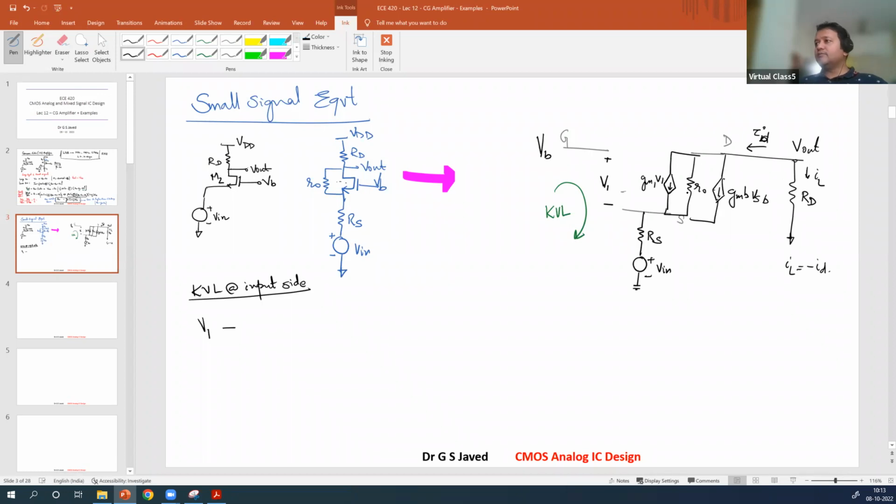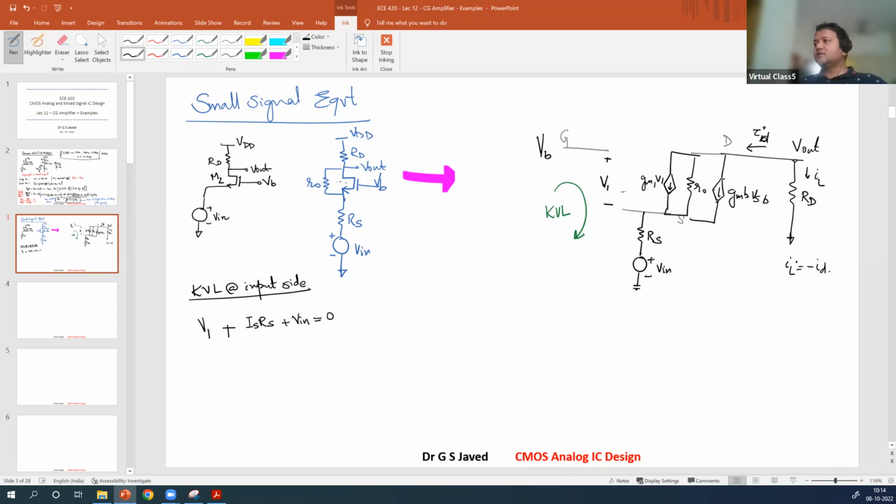This is a current, so we'll do it this way: V1 plus IsRs plus Vin equal to 0.